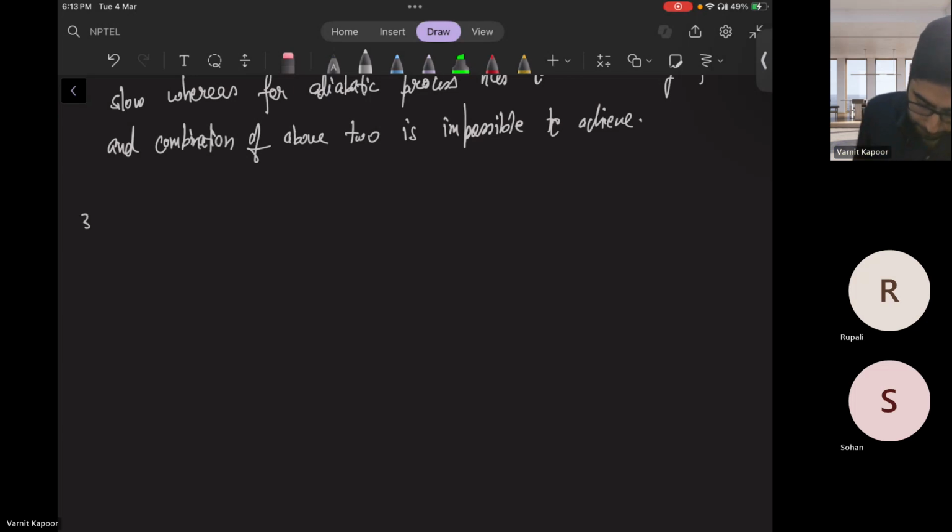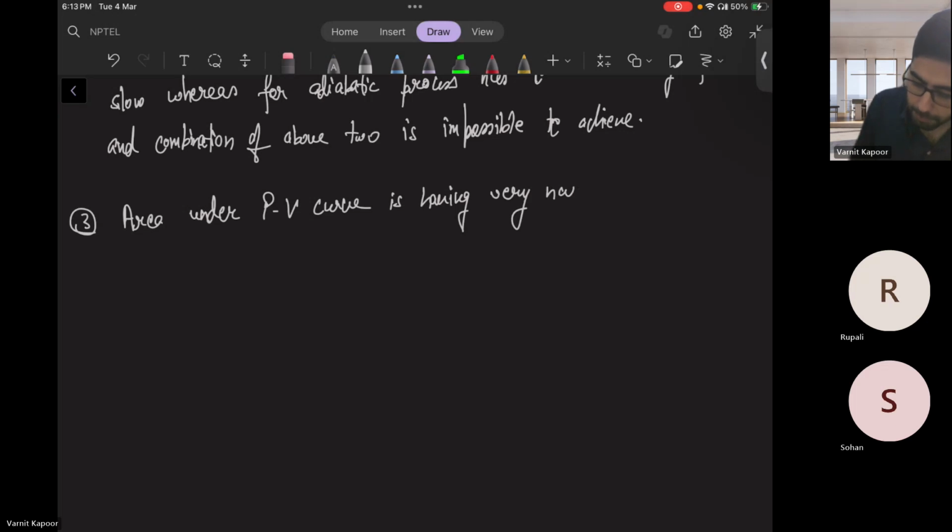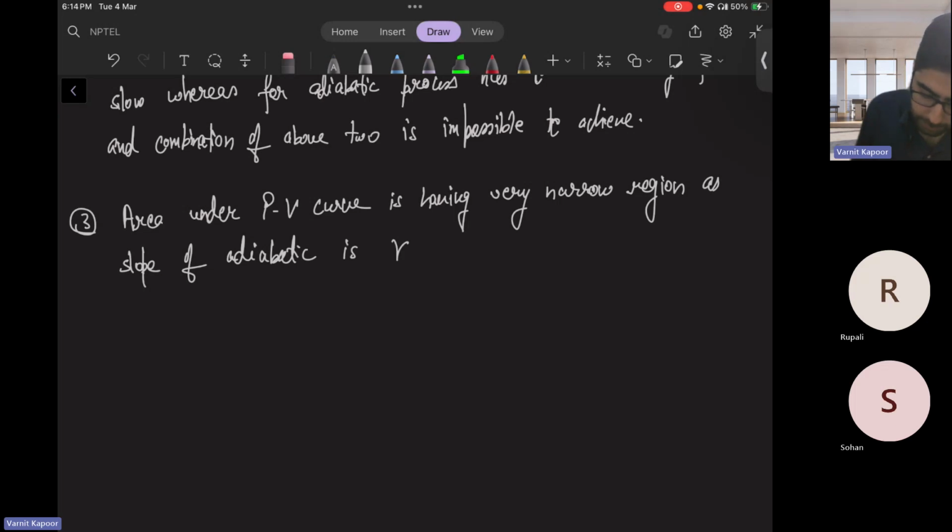Third is the area under the PV, that is pressure volume curve, is having a very narrow region as the slope of adiabatic is gamma times the slope of isothermal.